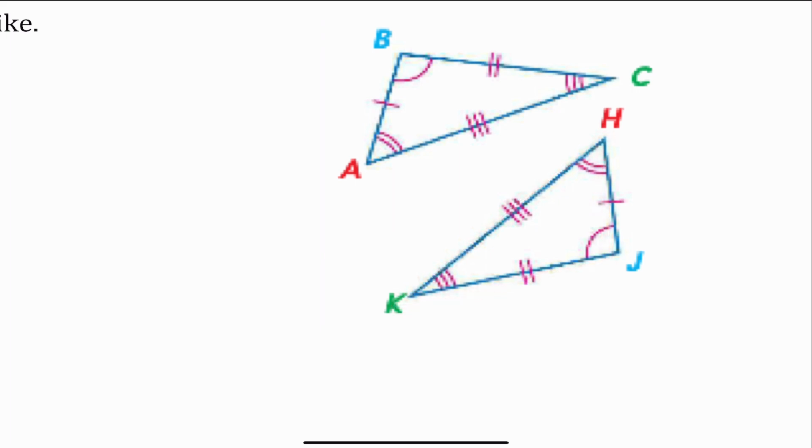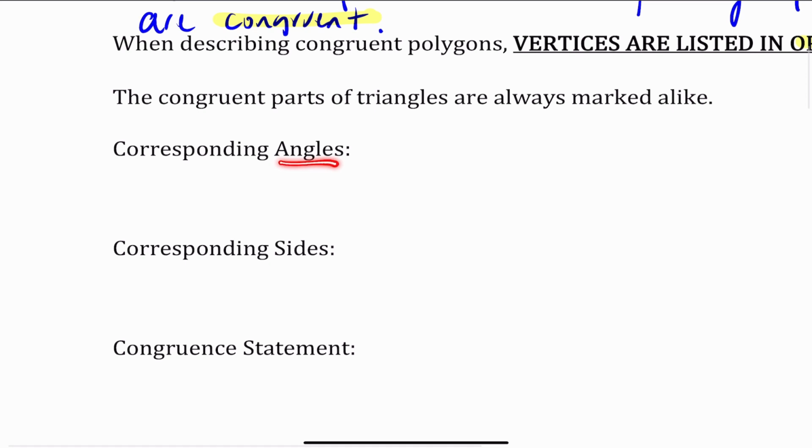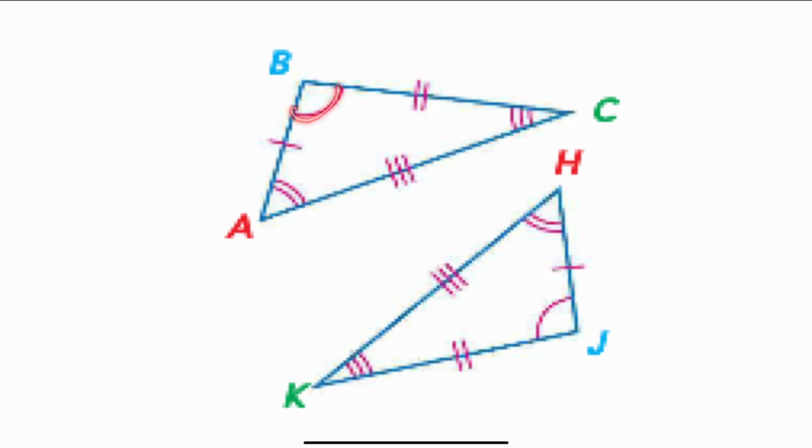So to see if these two triangles are congruent, I'm going to match the corresponding parts. And remember, the corresponding parts deal with angles and sides. So I can just take a look at the number of arcs or the number of tick marks.